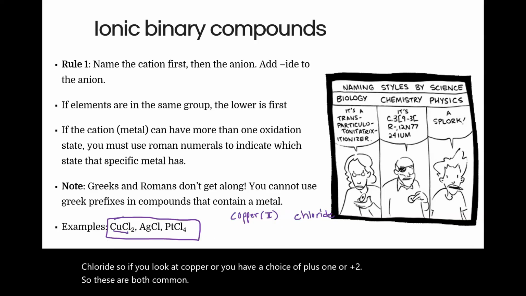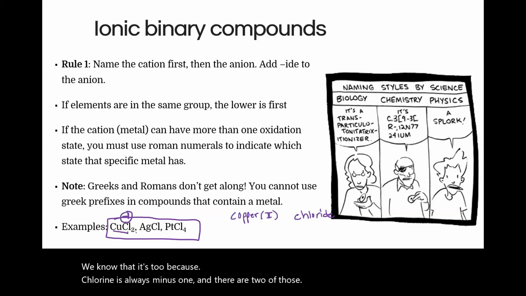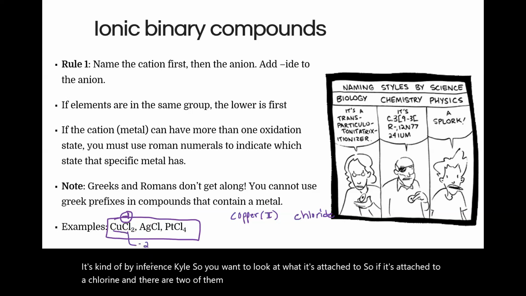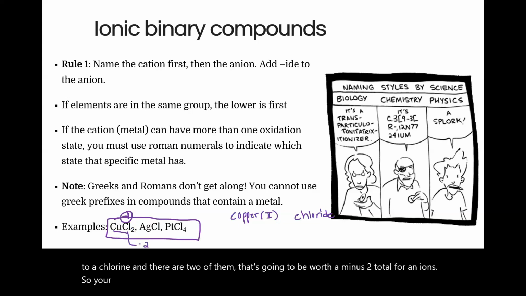We know that it's 2 because chlorine is always -1, and there are 2 of those. It's kind of by inference, Kyle. So you want to look at what it's attached to. So if it's attached to a chlorine and there are 2 of them, that's going to be worth a -2 total for your anions. So your cations have to balance that out. Okay, so it has to be a +2 in this case.